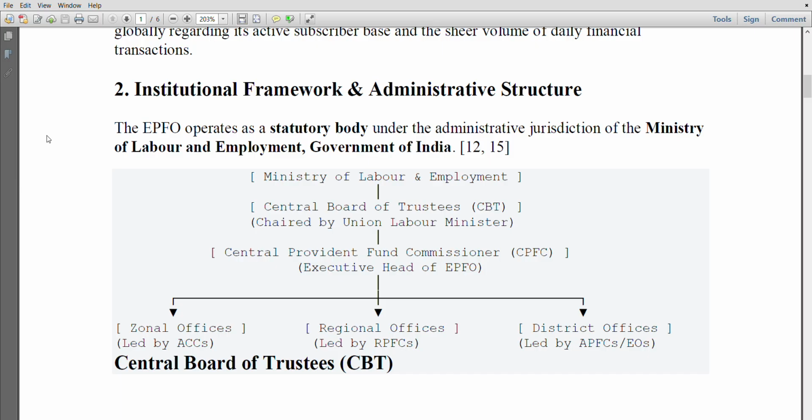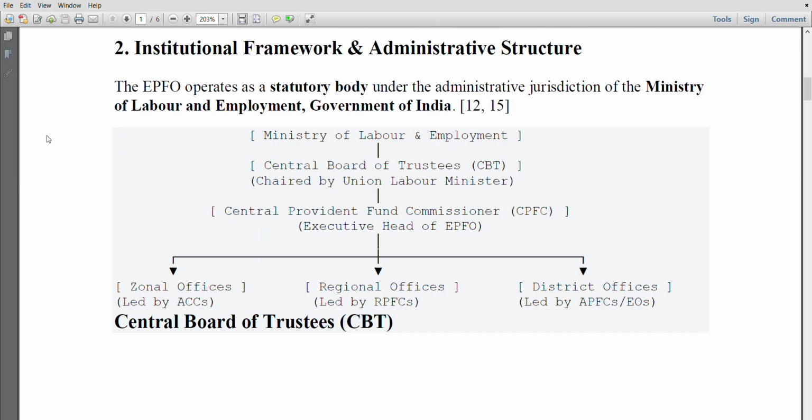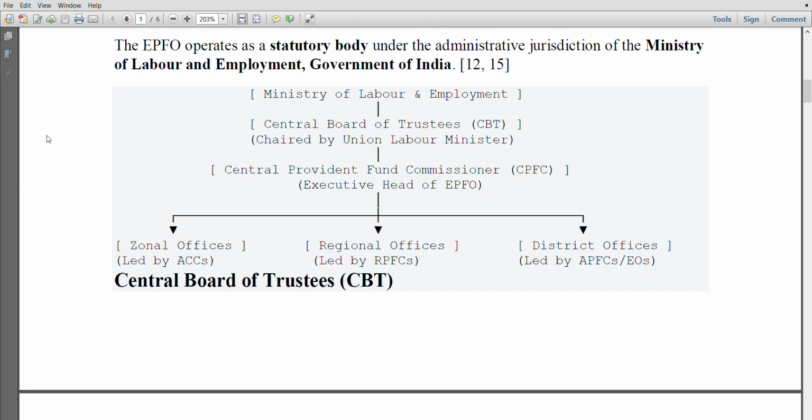In hierarchy under him we have zonal offices, regional offices and district offices. Zonal offices are led by ACCs, regional offices are led by RPFCs, district offices are led by APFC/EO.